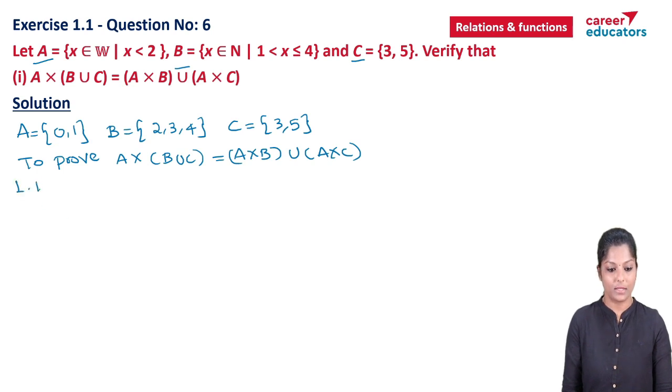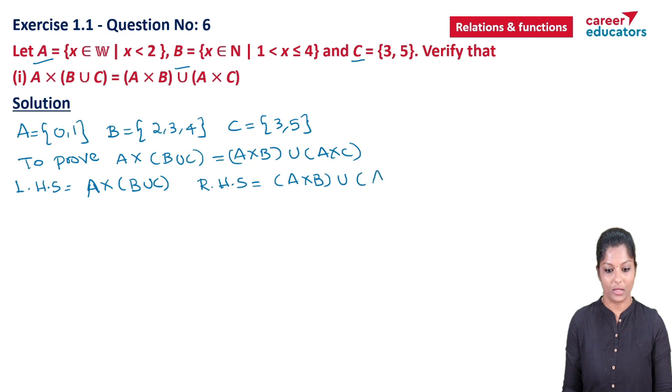Consider LHS equal to A cross B union C and RHS equal to A cross B union A cross C. To find LHS, we have to find B union C and then we have to find the Cartesian product of A and B union C. B union C equal to, write all the elements of B {2, 3, 4} union, write all the elements of C {3, 5}.